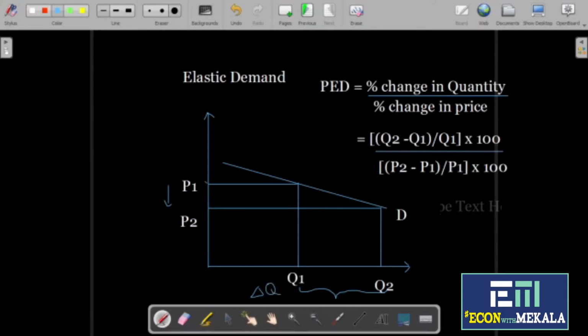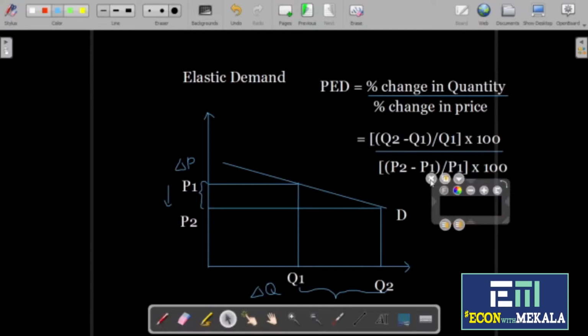So the difference in price we can call delta P. If you look at your delta Q and delta P, you can already see the difference. Delta Q is greater than delta P. Let's apply this information to our formula.